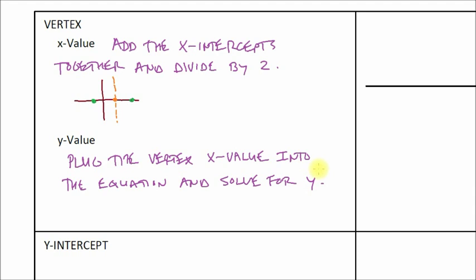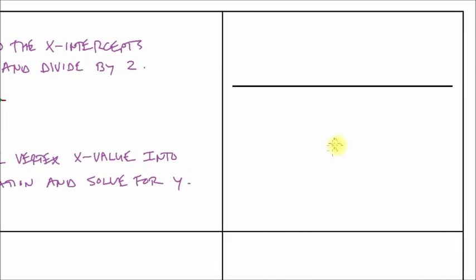So just plug it in. Plug it in, you get your y value. That's the y value of your vertex. Alright? Let's take a look at how this plays out with our equation.